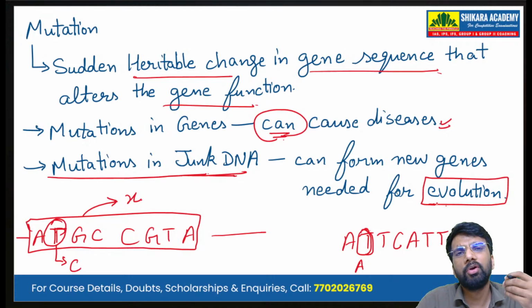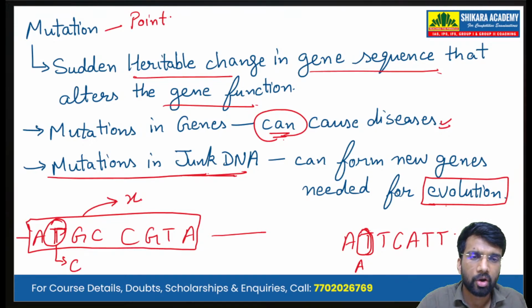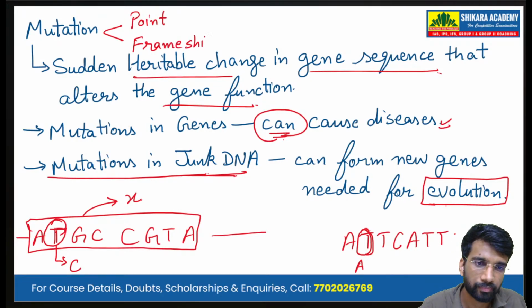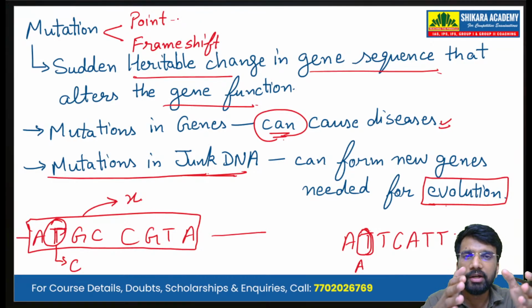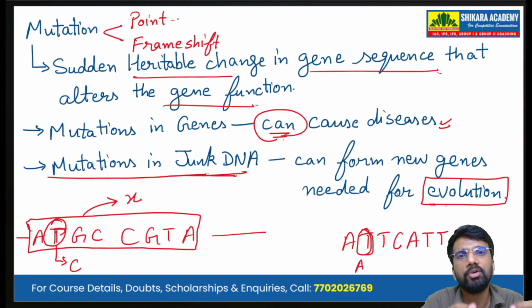Now, mutations can be of two types. We can have the point mutation, that is on a single nucleotide. Also, we can have the frame shift mutations, that is insertion or deletion of at least three nucleotides, which shifts the entire framework through which we are reading that particular DNA.